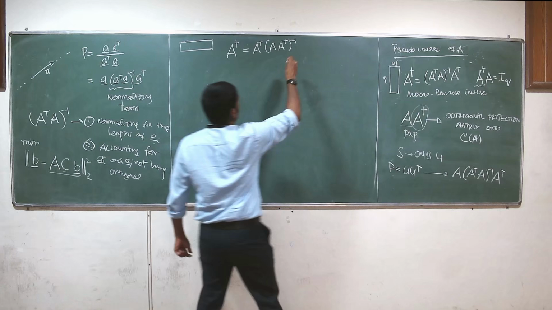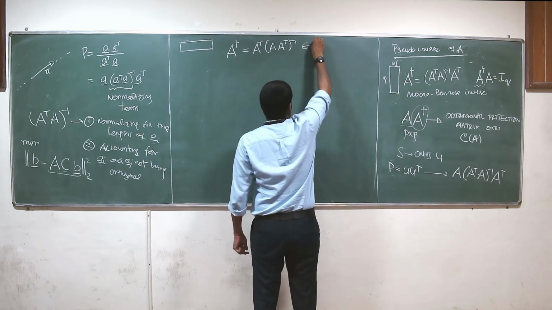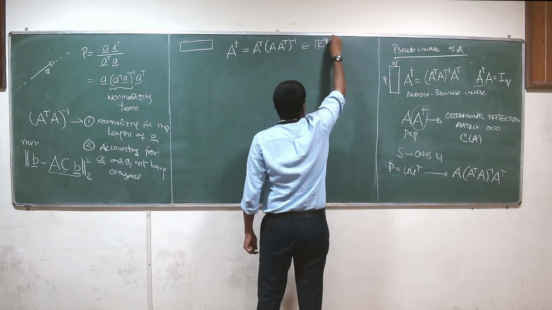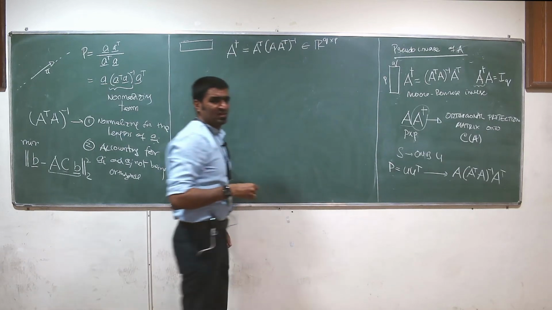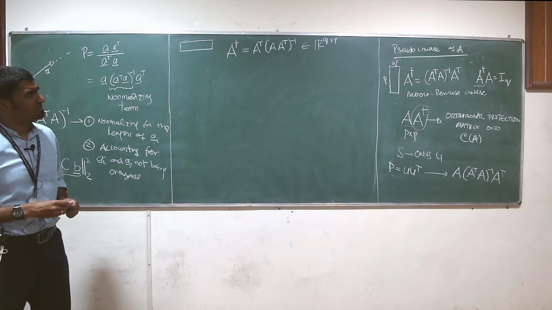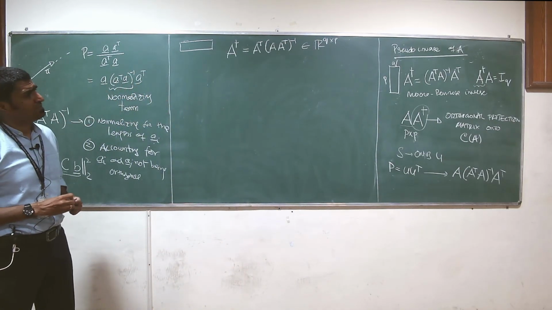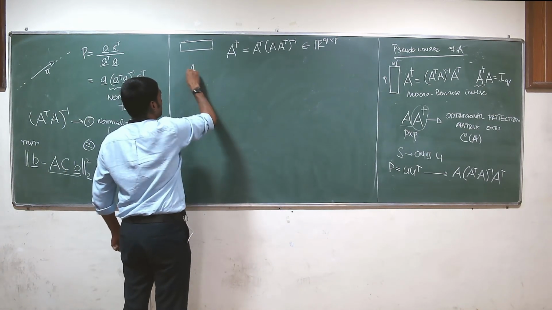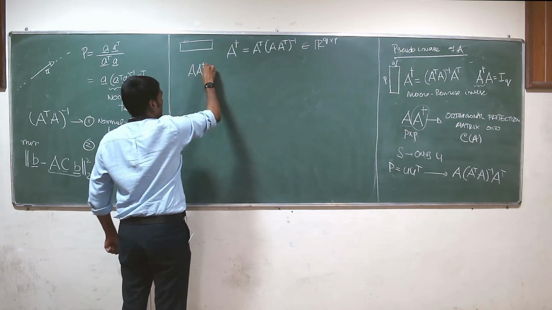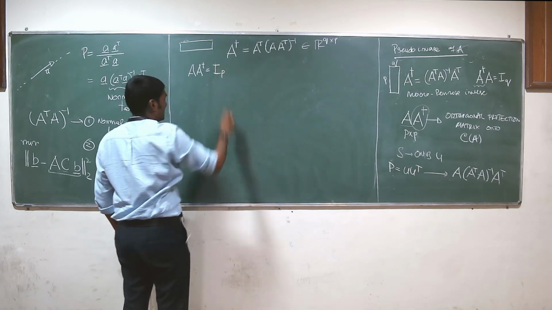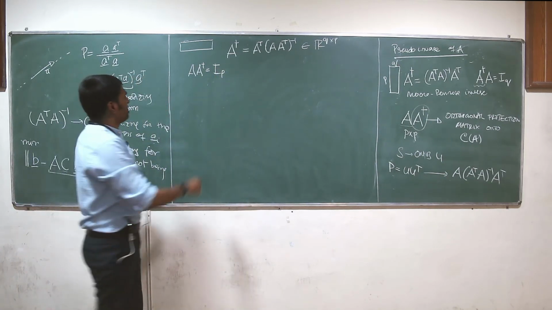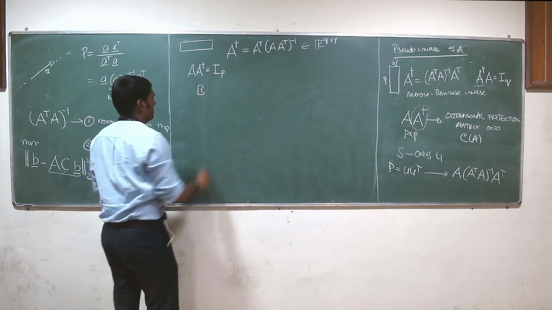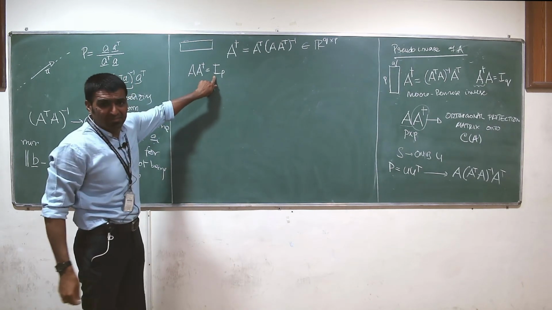What will be the size of this? We again know that A dagger will be a right inverse, but we know there are many possible right inverses which could have given me the identity.